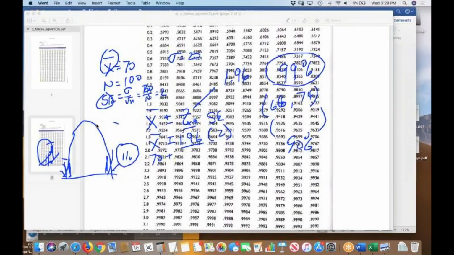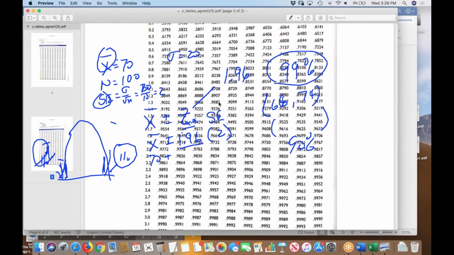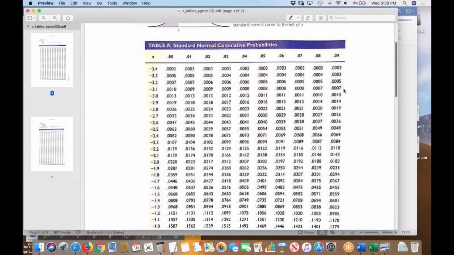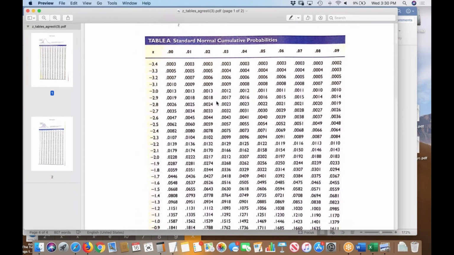Let's go back to our table. Let me clear off all this junk. Okay, so let's see where we are in the table now in order to get to 0.5% and to 5%. If I go down to the lower end here, I'm going to look for 0.005.